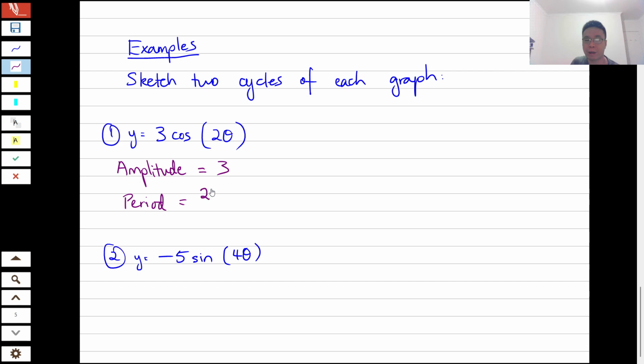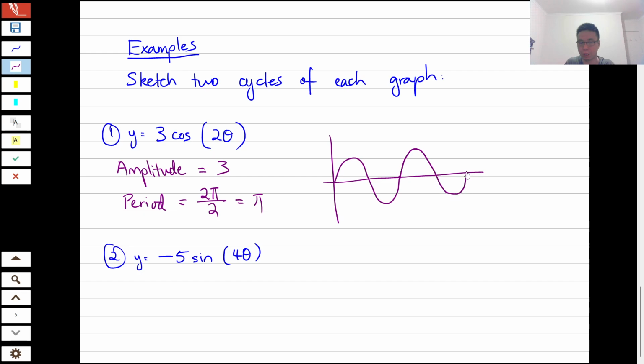If I dilate by a factor of a half from the y-axis, that's going to reduce my period by a factor of half. So the period is going to be pi instead of 2 pi. And so if I graph 2 cycles, the first cycle will end at pi, and the second cycle will end at 2 pi.